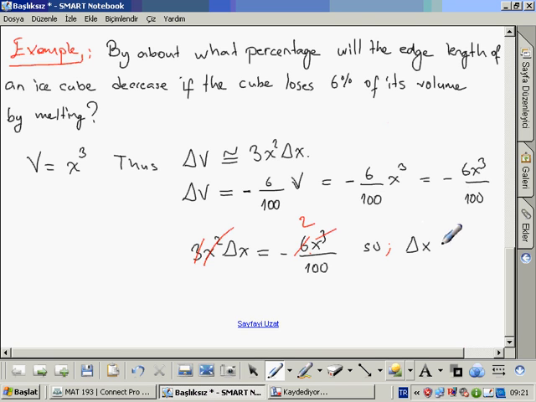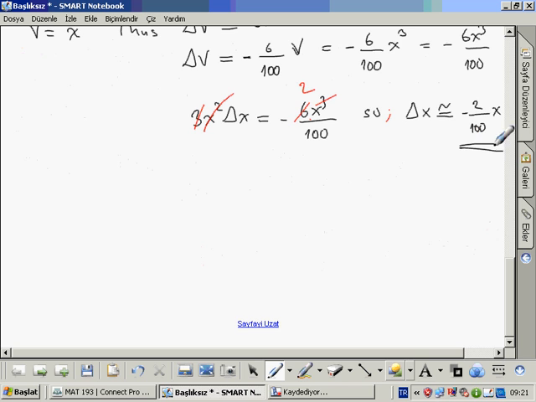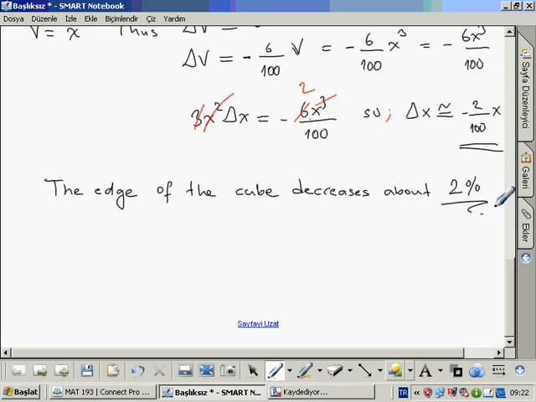delta x equals minus 2/100 x. After that we can say the edge of the cube decreases about 2%, because here is a minus sign.